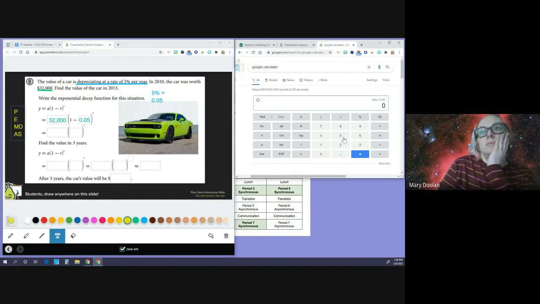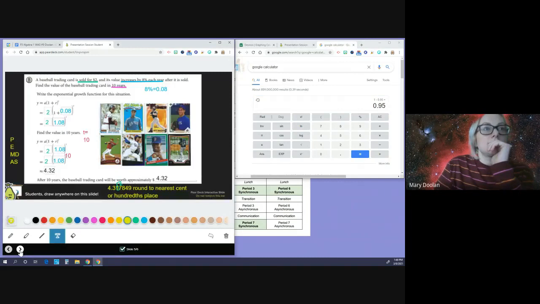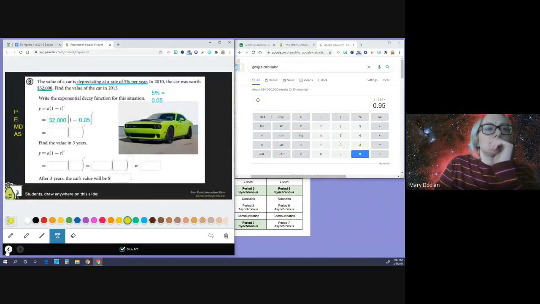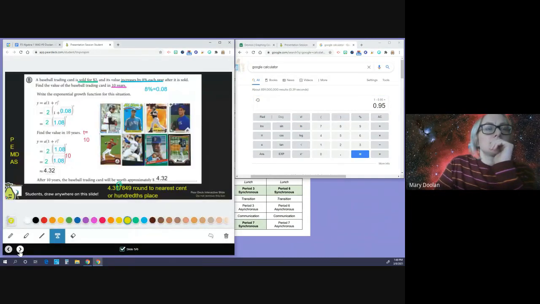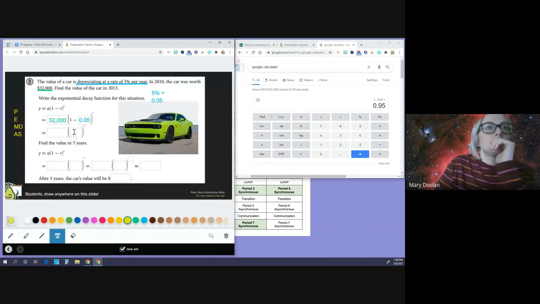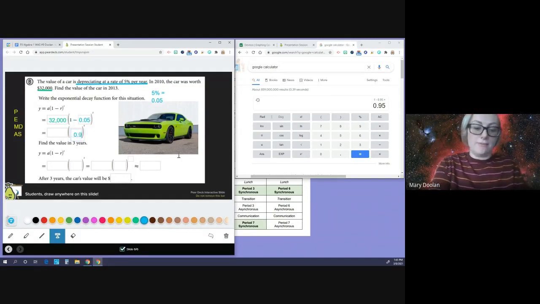So 1 minus 0.05 equals 0.95. 95 hundredths. That should make sense. That's true. 0.95.